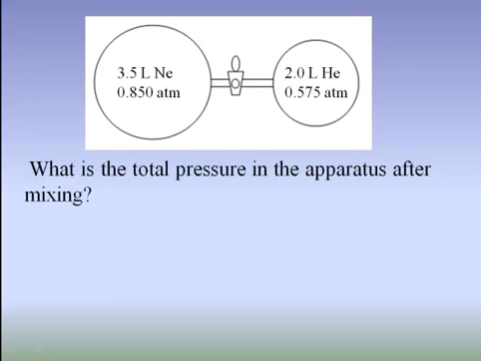This second part of the question is where Dalton's law comes into play. The total pressure in the apparatus after mixing is the sum of the two partial pressures. We just calculated the partial pressure of neon after the stopcock is open. So we just need to do the same calculation for helium and then add the two numbers.